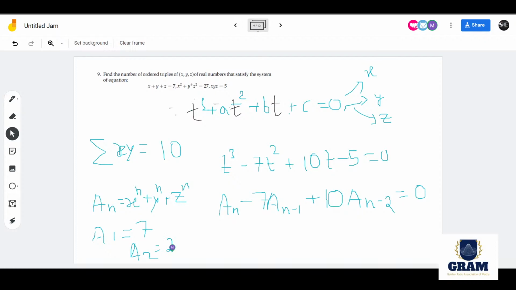So just bash like that, and we will get, I think, wait a second. We have two solutions, right? So yeah, that's it.